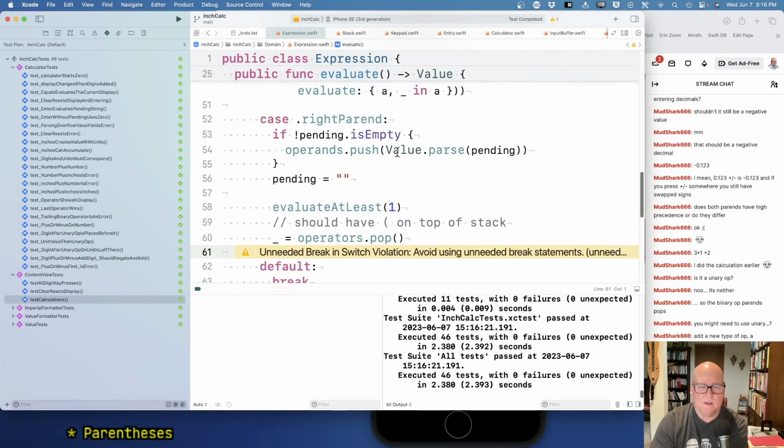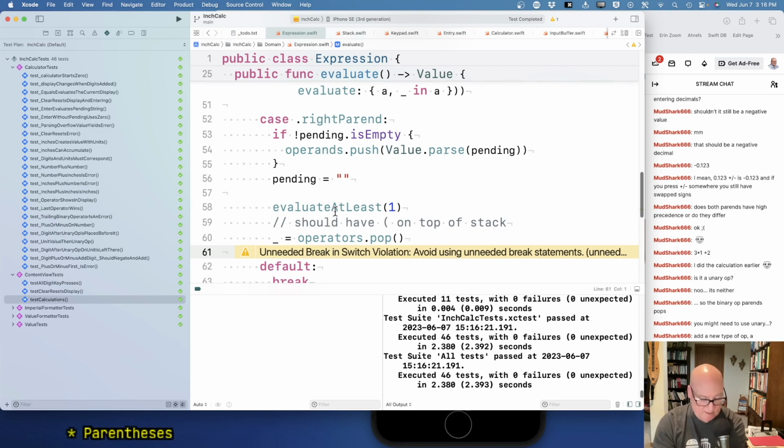Right. So this, let's see. All right. I think I'm doing it correctly. Push a left paren always. When you get the right paren, evaluate everything back within the nearest nested parenthesis, right?